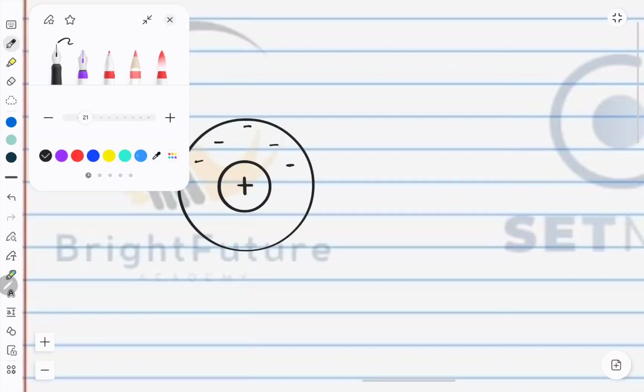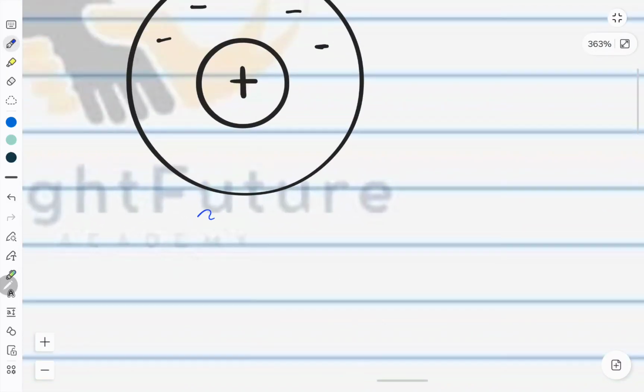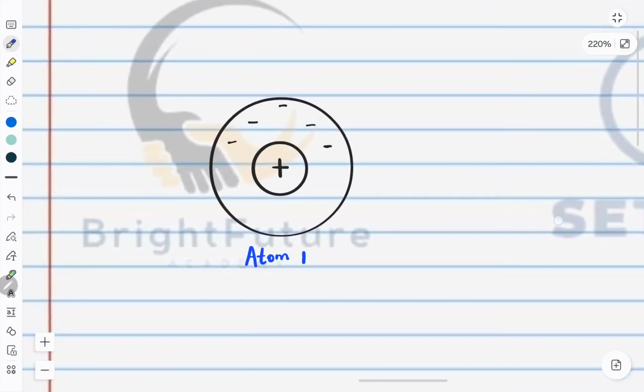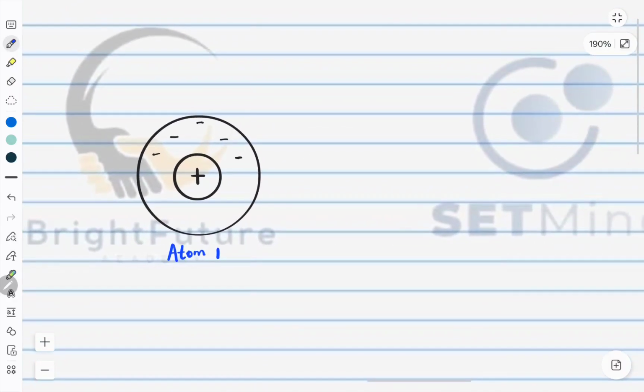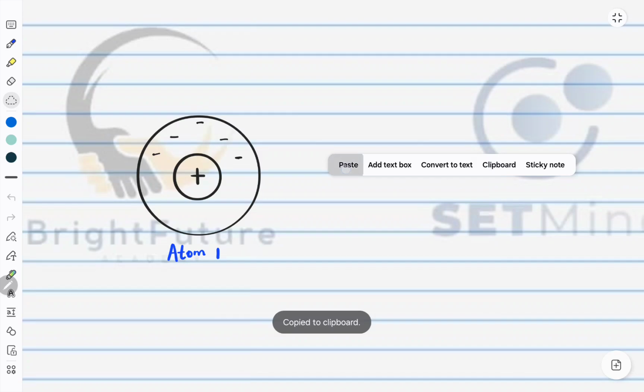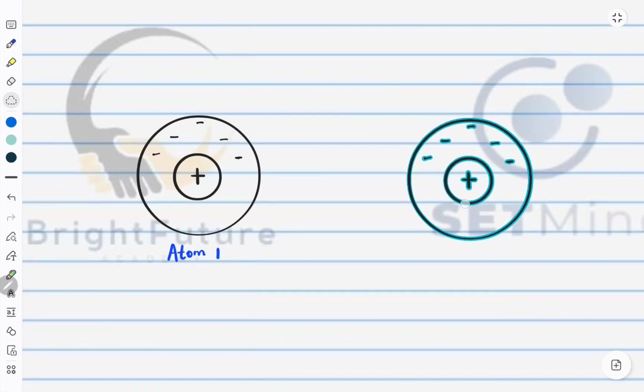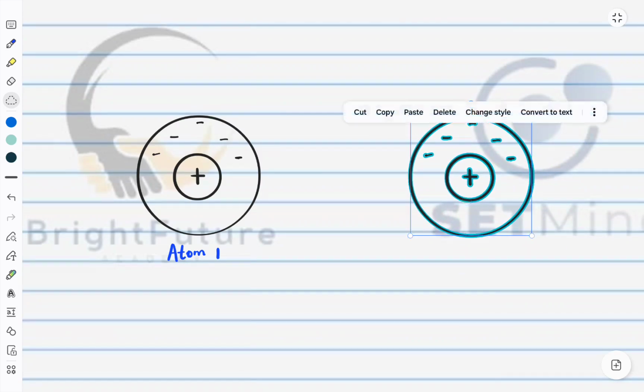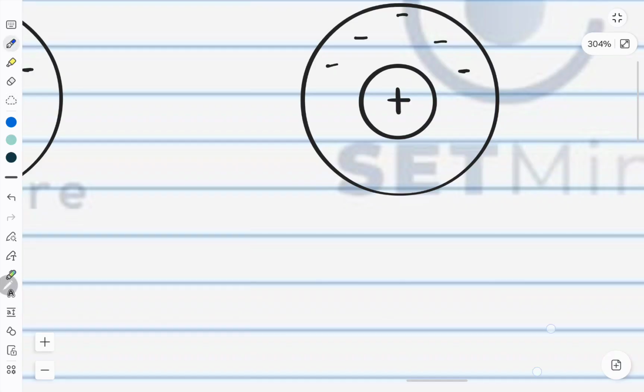Let's call this atom 1. This is our first atom, atom 1, or atom A. Right, so what happens now if we bring another atom here next to this one? Let's call this atom 2. We bring another atom next to this one, atom 2.